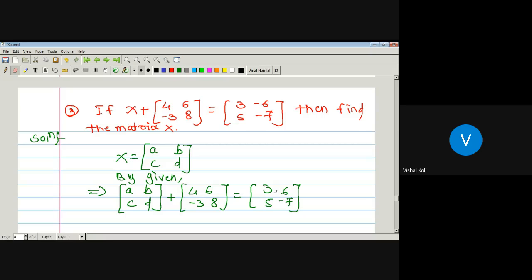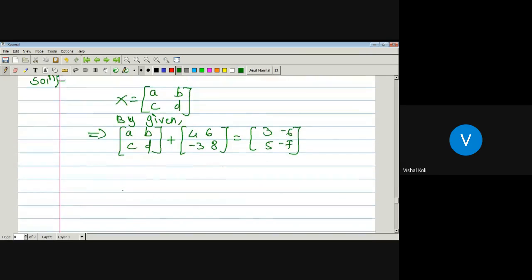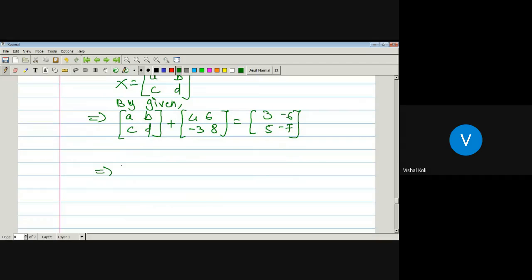Okay, so this is from the given things. Now we know how to add matrices. We just have to take the addition of corresponding elements: A plus 4, B plus 6, C minus 3 and D plus 8, which is equal to [3 -6; 5 -7].